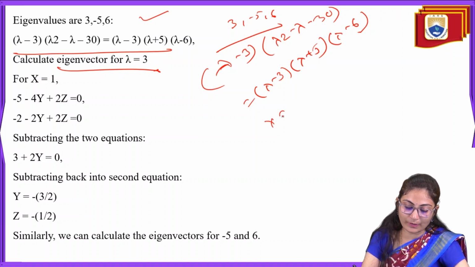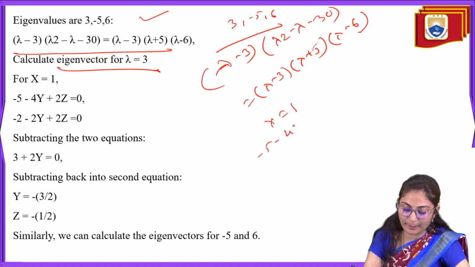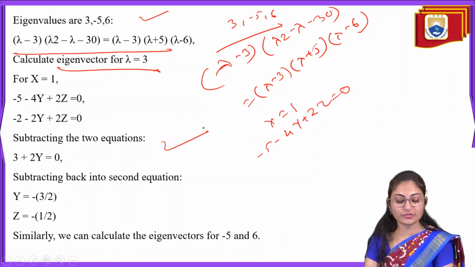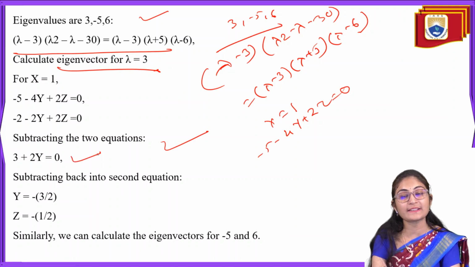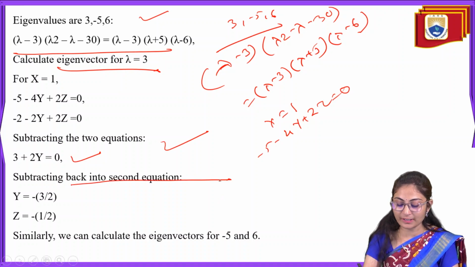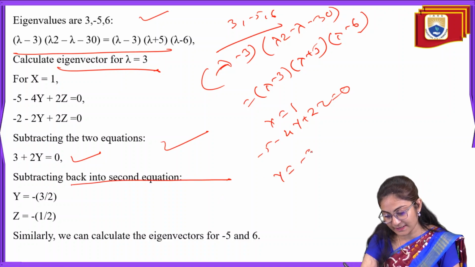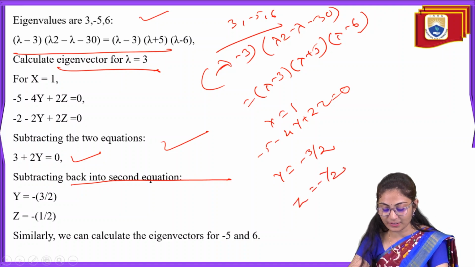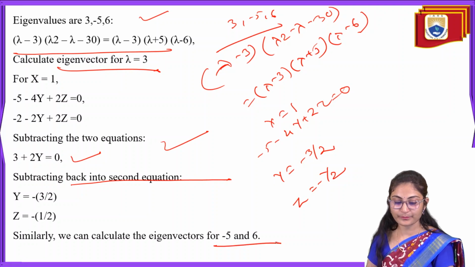Now x is equal to 1, and minus 5 minus 4y plus 2z is equal to 0. Now you have to subtract the two equations. You will get the equation 2y is equal to 3. Substituting back into the second equation, again you will get minus y is equal to minus 3 by 2 and z is equal to minus 1 by 2. So similarly we can find the eigenvectors for minus 5 and 6.